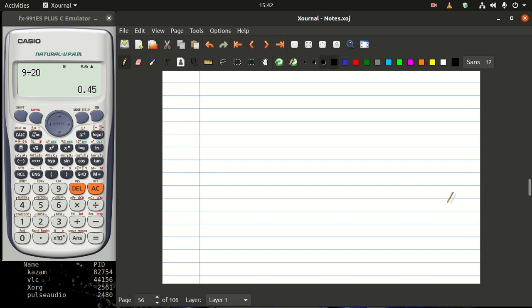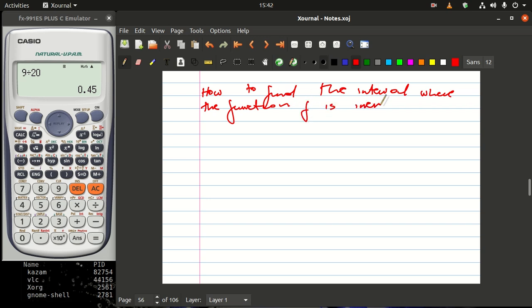So okay, now let's talk about something else: how to find the intervals where the function f is increasing and where the function f is decreasing.